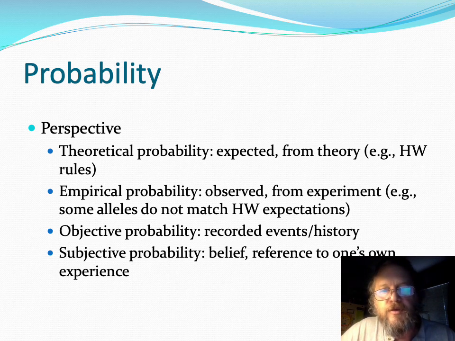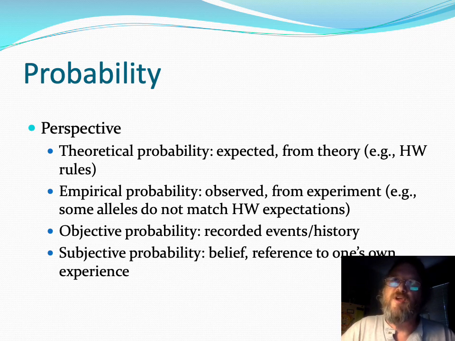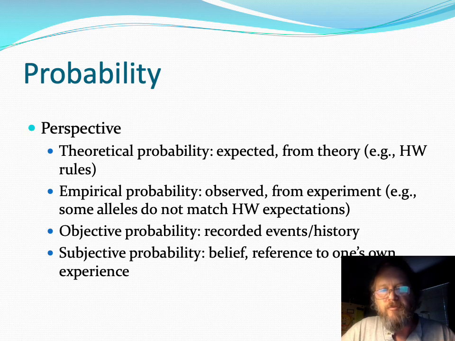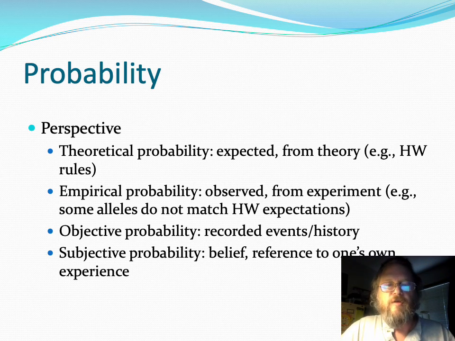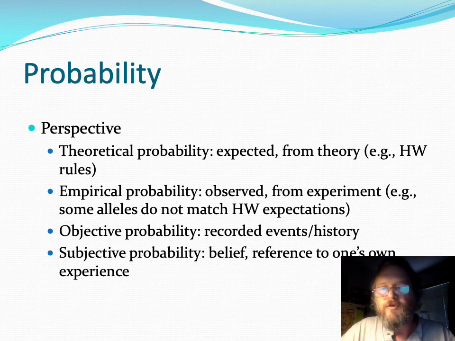Probability, though, is usually taught from the perspective of theoretical probability. You know every possible outcome based on some theory. Hardy-Weinberg rules, as discussed in your book, Mendelian inheritance, monohybrid and dihybrid crosses, independent assortment. Those rules allow you to calculate with precision how many alleles you would expect to find in a population or in an F2 offspring of a monohybrid cross.